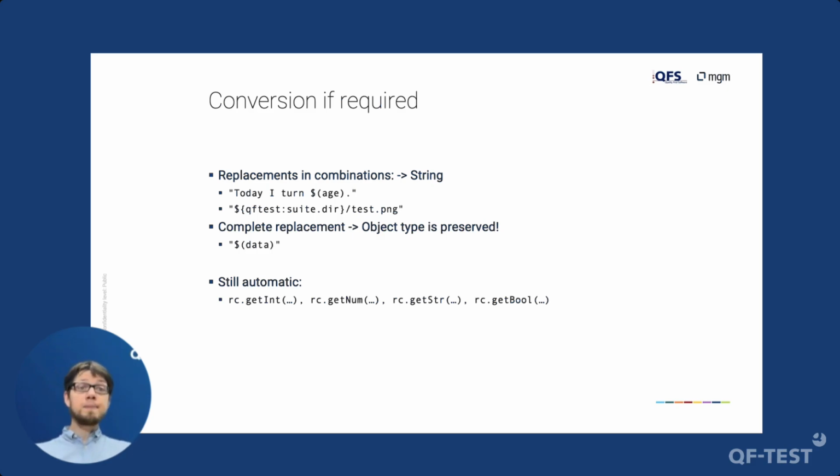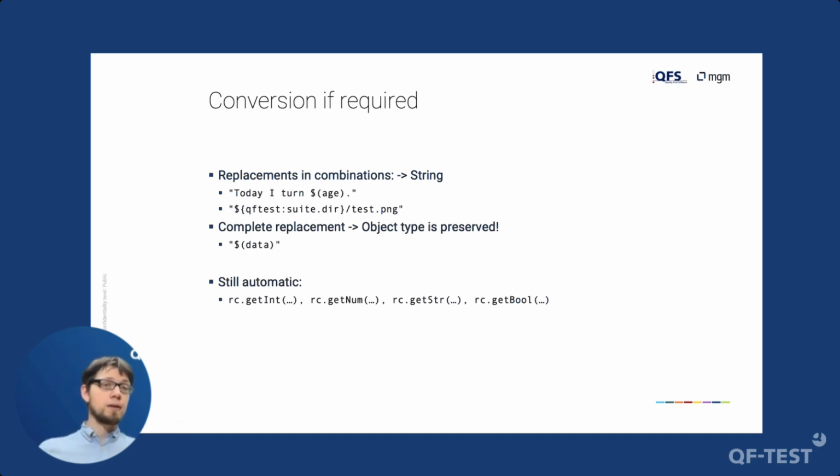If I combine my variables, like for example an integer or a file object with a string by putting it with the dollar notation inside, then the complete result will be a string, of course. Only if the replacement is a total replacement, like in this example here, then the object type is preserved.